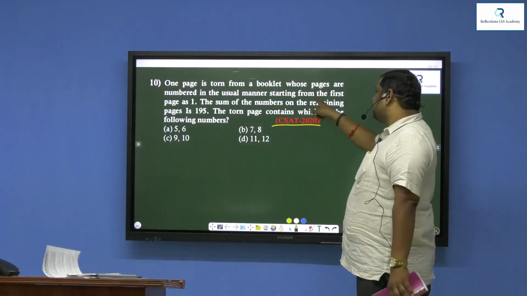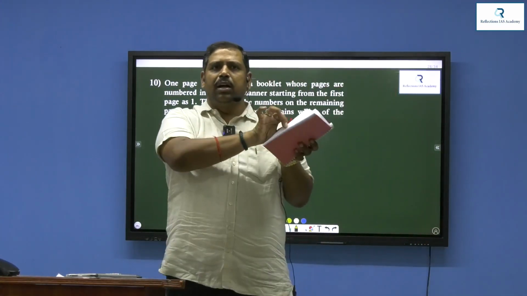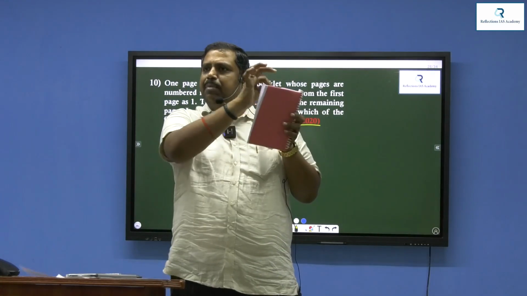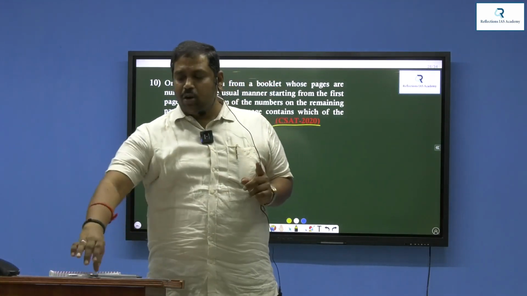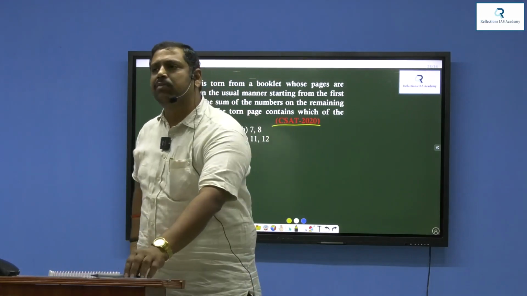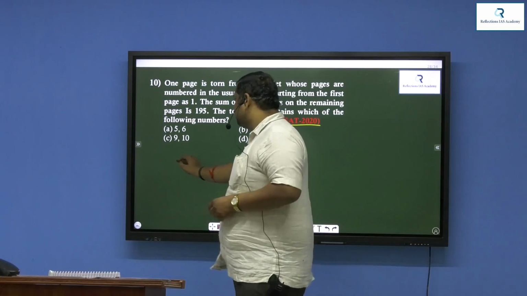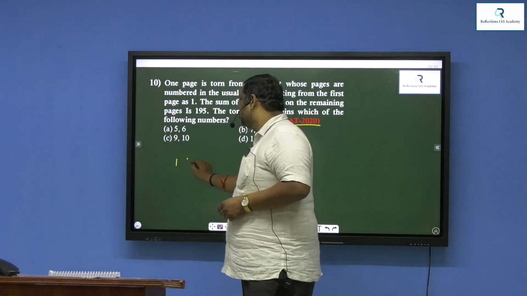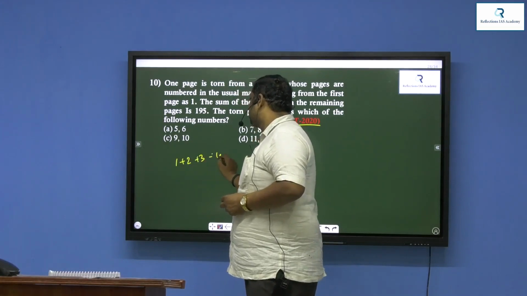The sum of the numbers on the remaining pages is 195. Observe that it is not the sum of the digits. It is the sum of the page numbers: first page will be 1, second page 2, third page 3, 4 and so on.